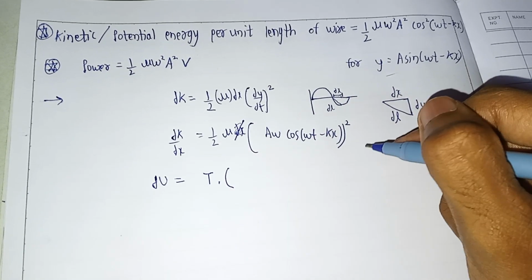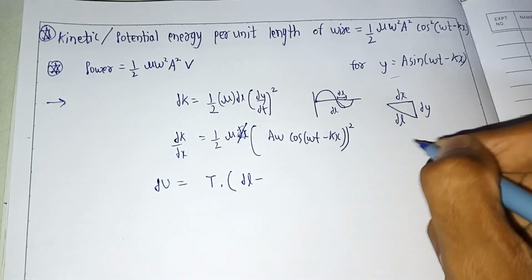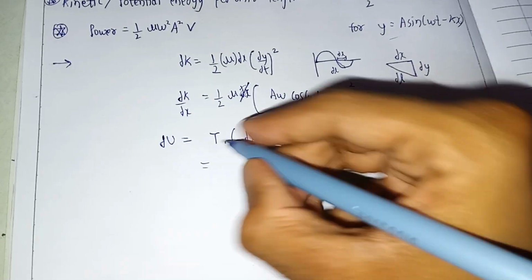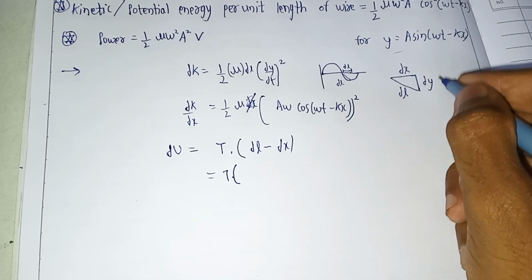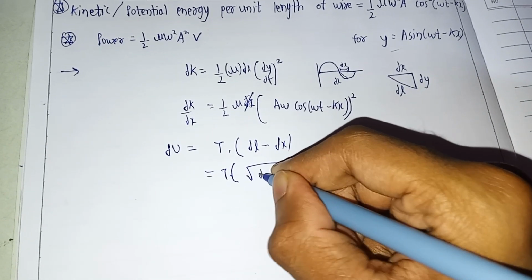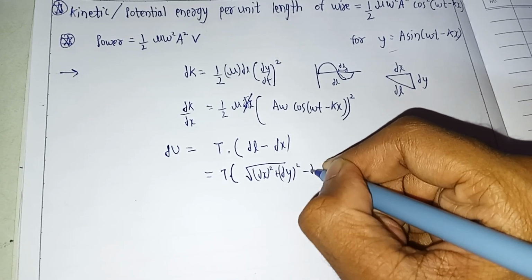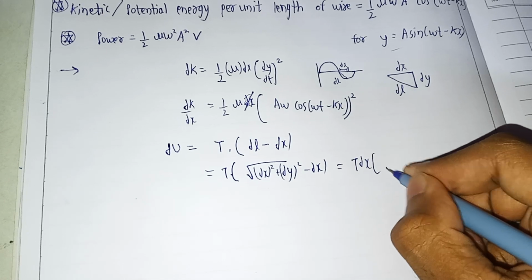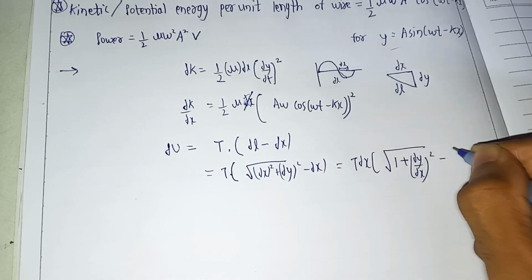Then you can write T times final length dl minus initial length dx, and you can write dl as root of dx whole square plus dy whole square. Let us take dx common from the whole thing. So you have T dx times root of 1 plus (dy by dx) whole square minus 1.